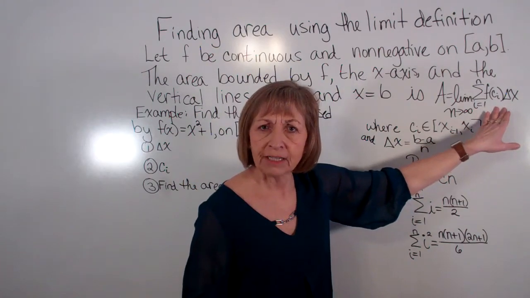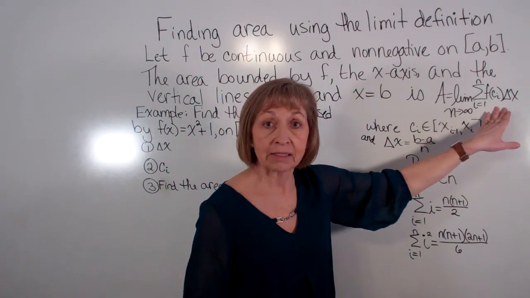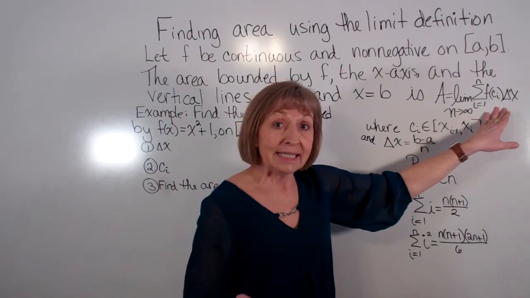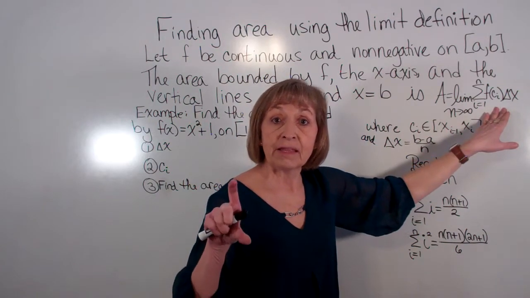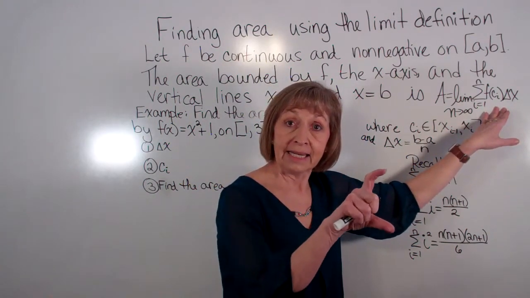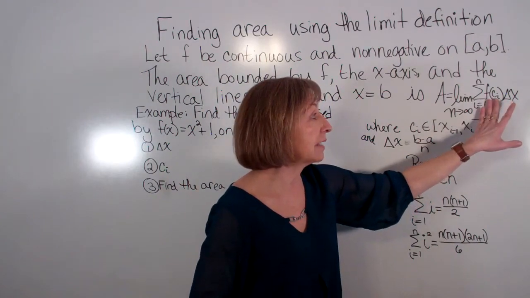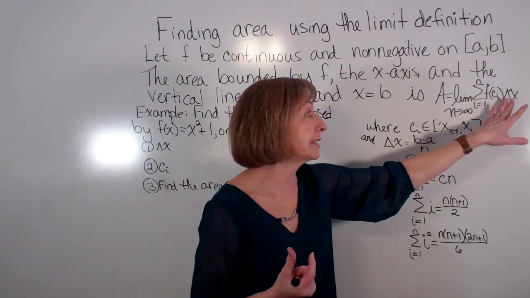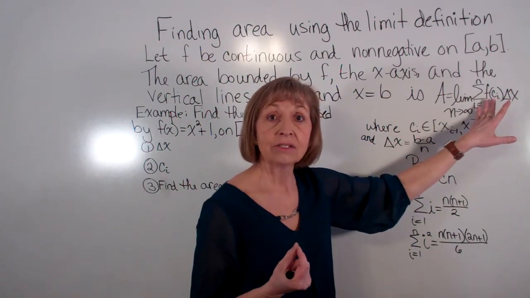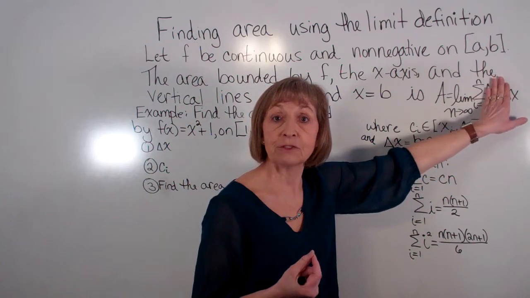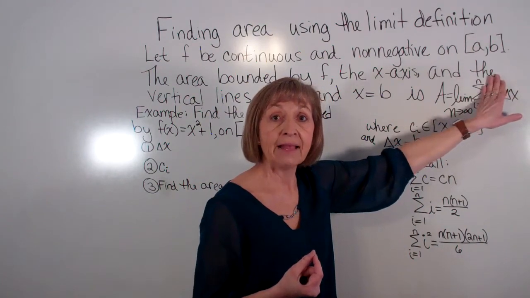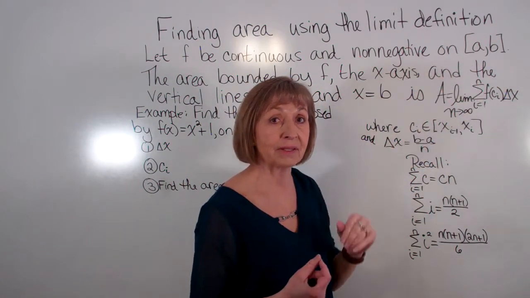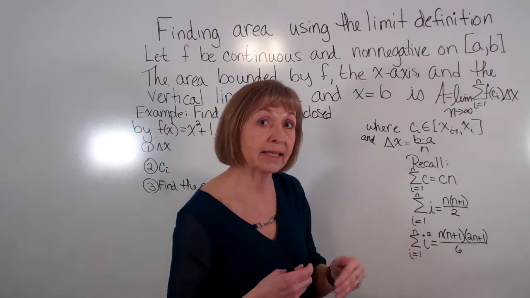So in that video with the area approximation, we did the area approximation from the area of the rectangles added up, and our f of c sub i is the height of our rectangle, and our delta x is the width. So length times width gives you the area of the rectangle, and then we're adding up these rectangle areas.